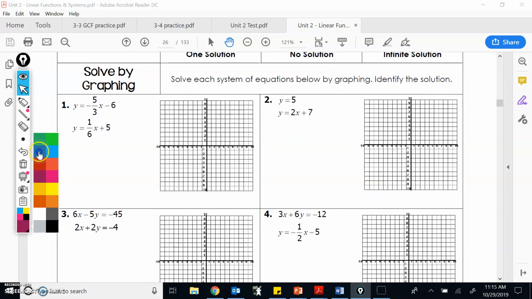All you have to do is take your equation, which might or might not be in slope-intercept form, and graph it. So number one, we go at -6, and then a -5/3 slope. I'm going to keep going. And then you draw your line.